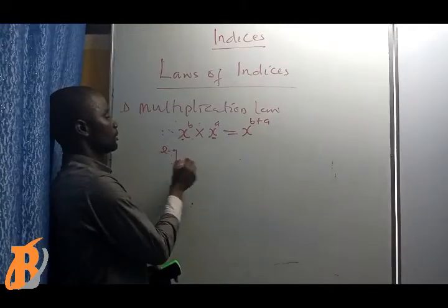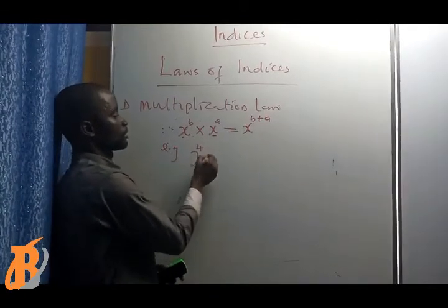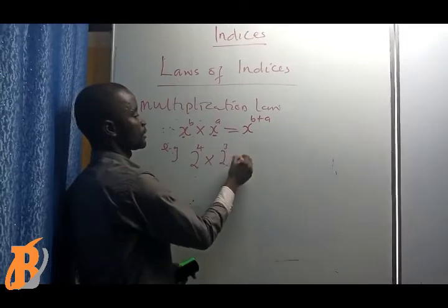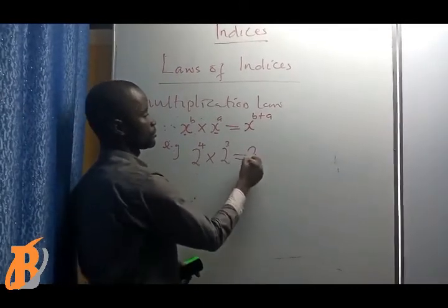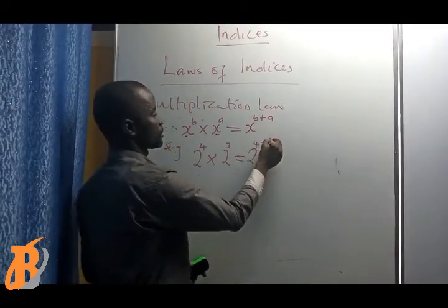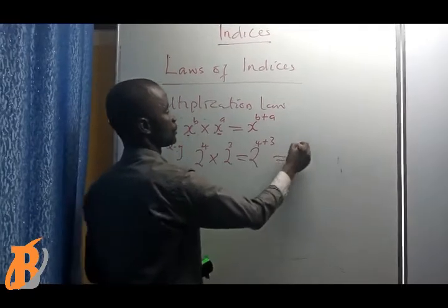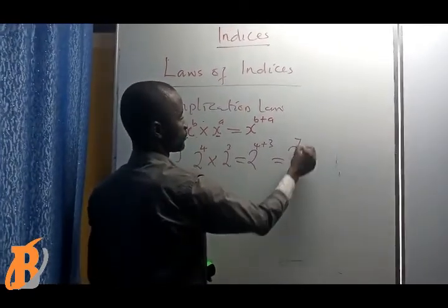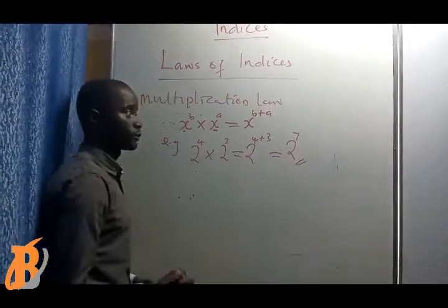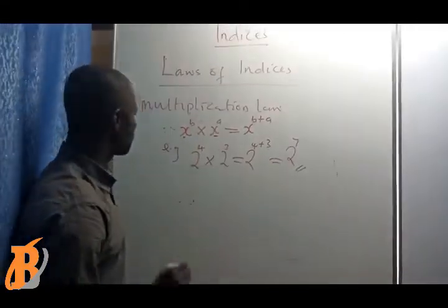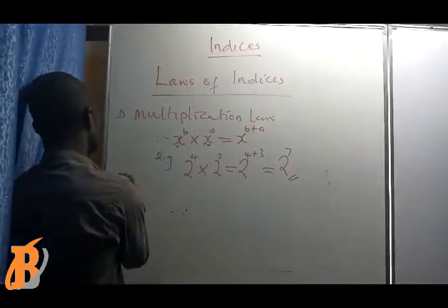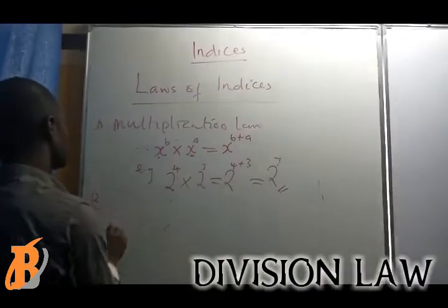For example, 2 raised to power 4 times 2 raised to power 3, the same thing as 2 raised to power 4 plus 3, equal to 2 raised to power 7. That's the multiplication law.